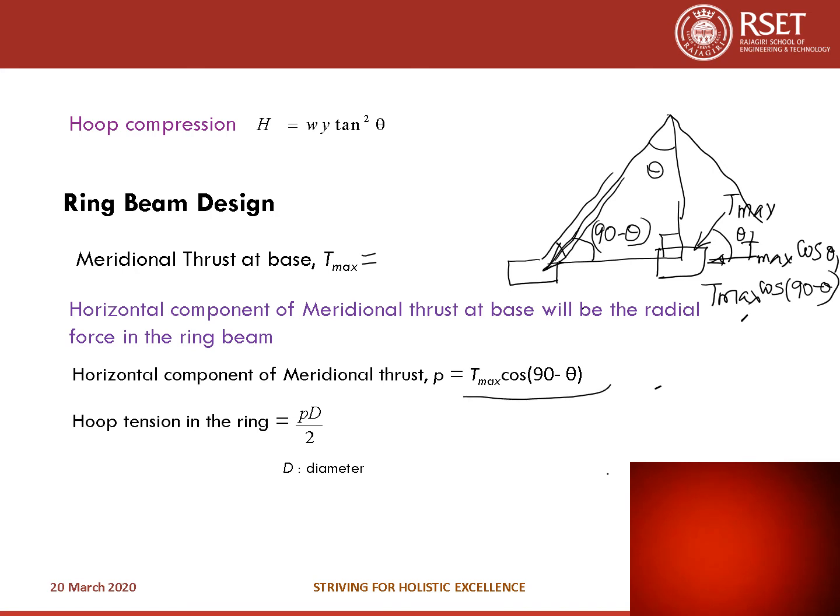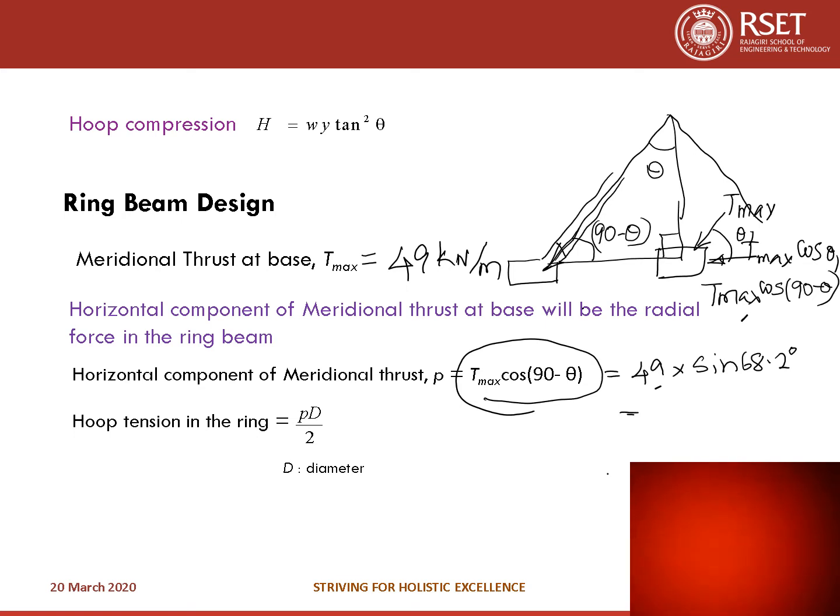So that is what is written here. We have already calculated the T max, the meridional thrust at the base, and the value of that is 49 kilonewton per meter. So the horizontal component will be 49 into cos 90 minus theta, that is sin theta, so sin 68.2 degrees.